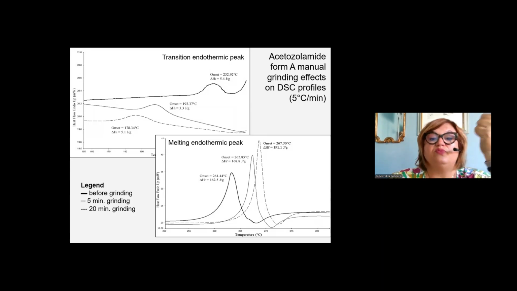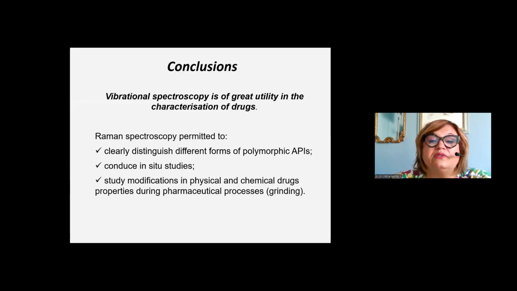Then it is possible to study with DSC, so we have also done the profile of all of these samples. And actually, as a conclusion, it is possible to study with Raman spectroscopy, but it's necessary to study not only with one technique, but with IR, with Raman, with X-ray powder diffraction, and with heating techniques like DSC.